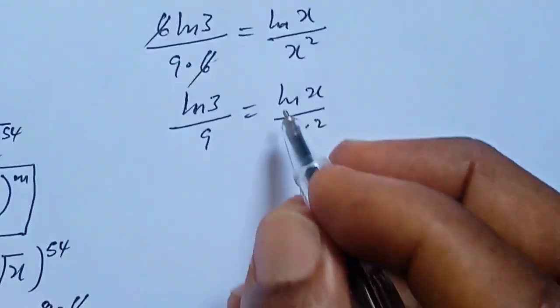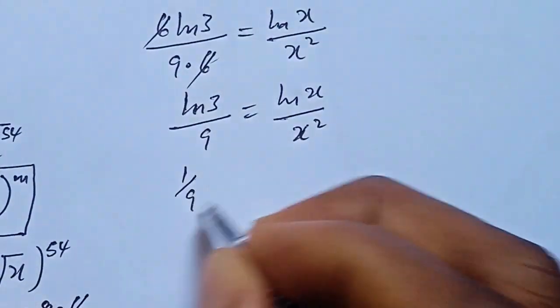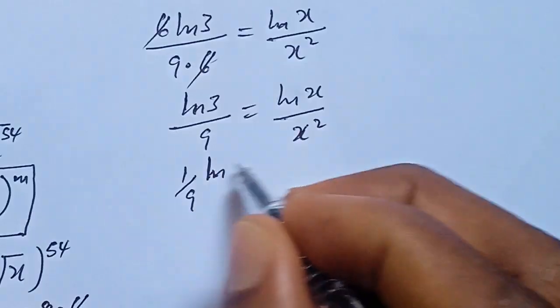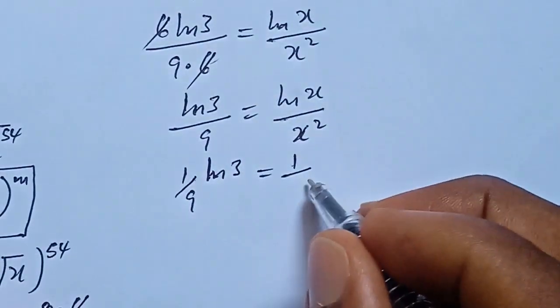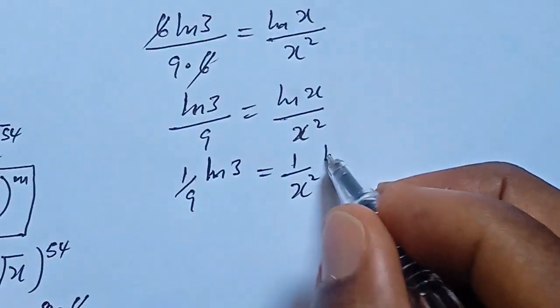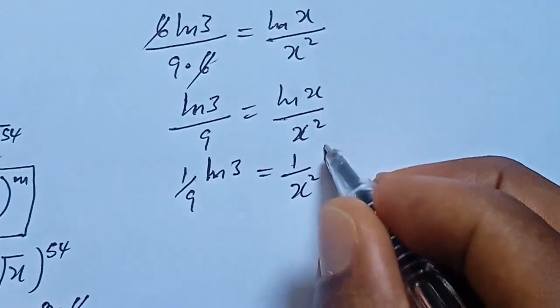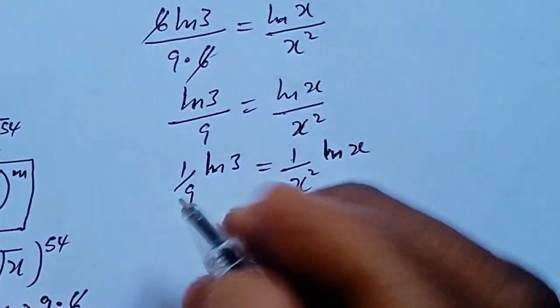We can rewrite this as 1 over 9 natural log of 3 equal to 1 over x squared natural log of x.